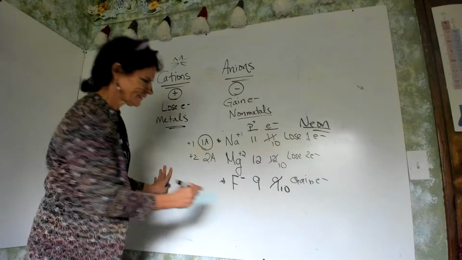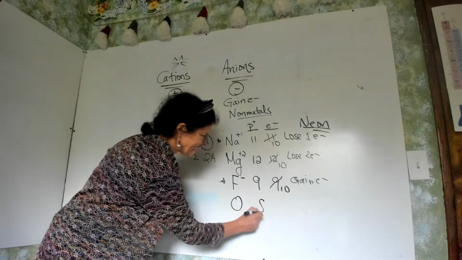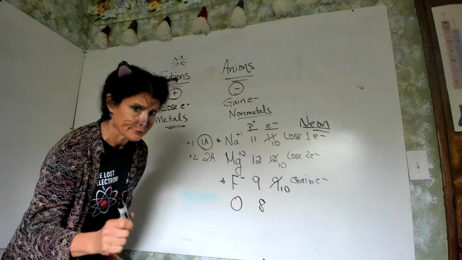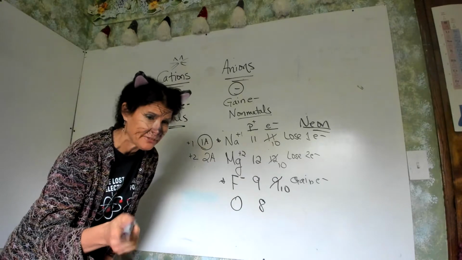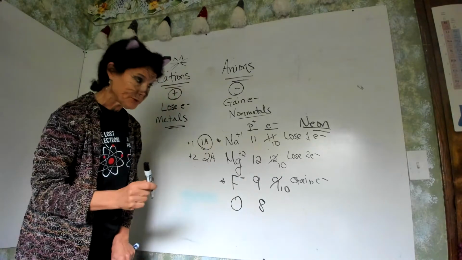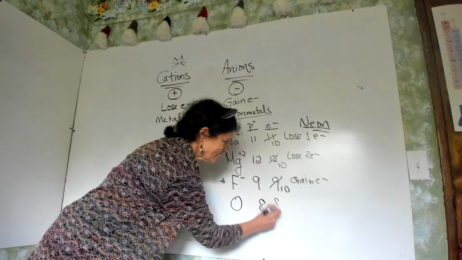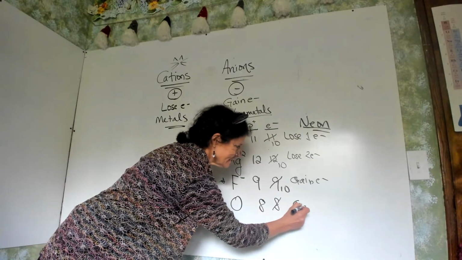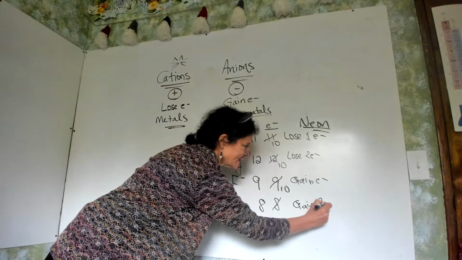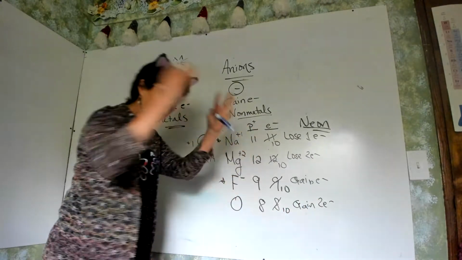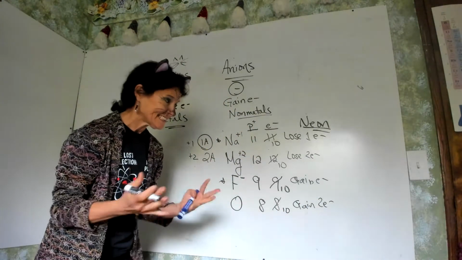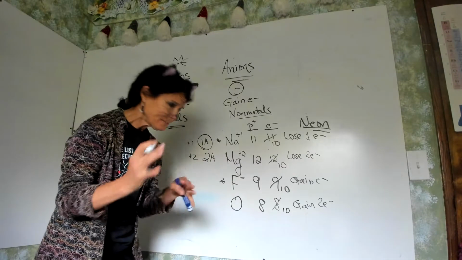What's next door to fluorine? Oxygen. 8. Is not the octet rule. Oxygen is what drives our life because it's so miserable as oxygen. It wants to be in a compound. It wants to gain 2 electrons so that the outer part is full. Its s's and p's are complete. There's no empty spaces.